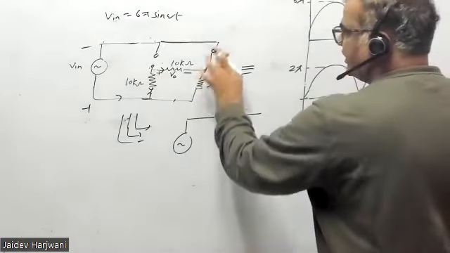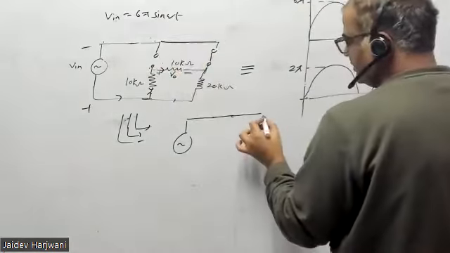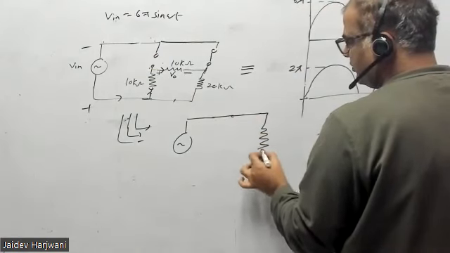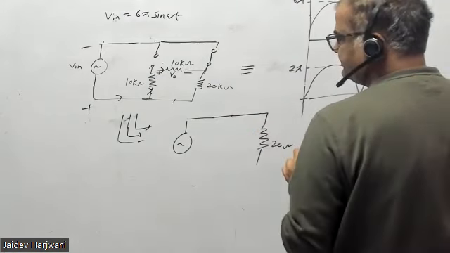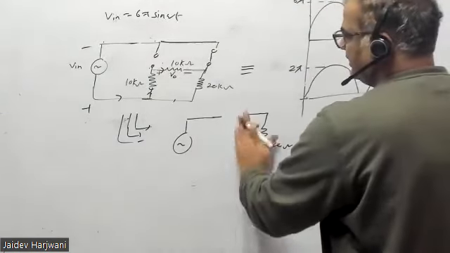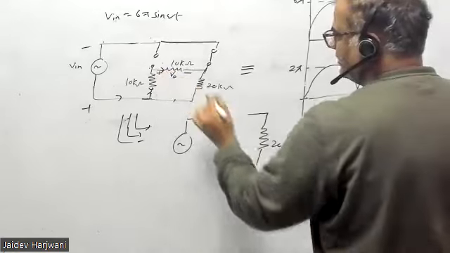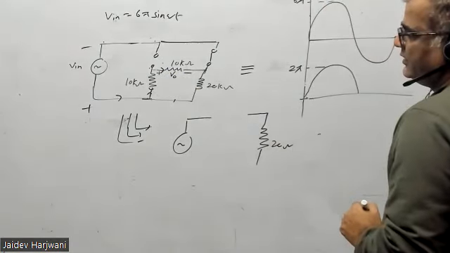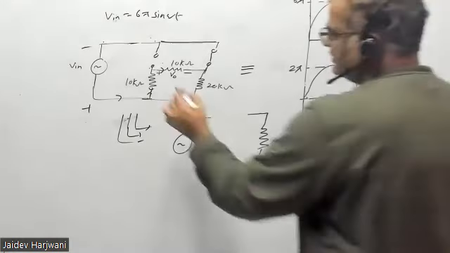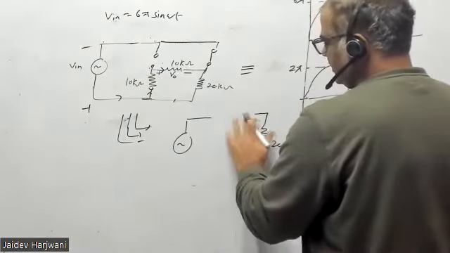Okay. So now these points are the same. A negative is coming. So I can directly put this 2 kilo resistance here, 20 kilo resistance here. And this resistance now becomes 20 kilo here. But this is a break here.